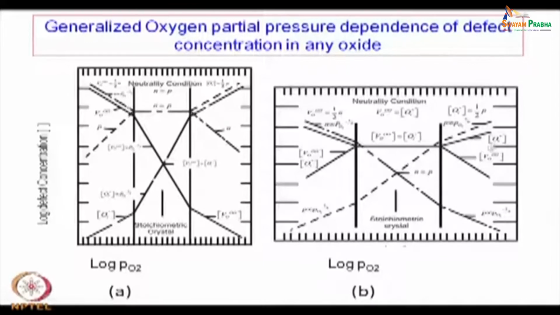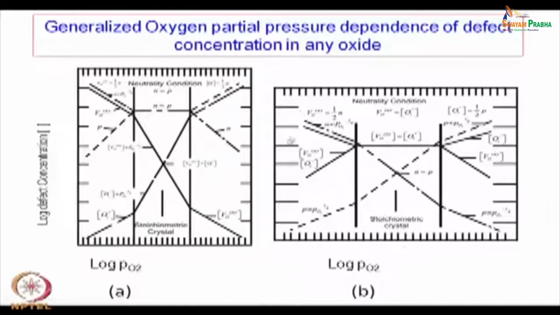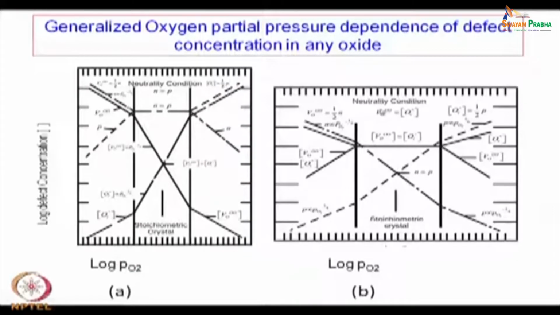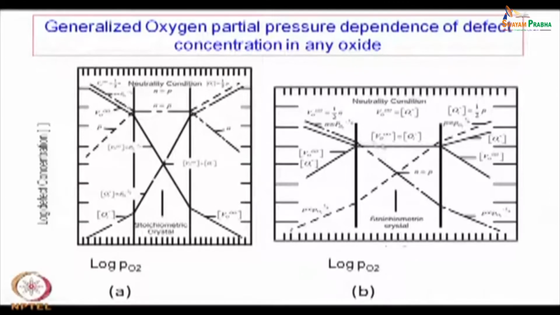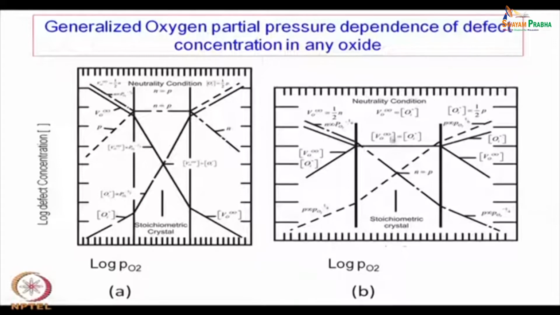Those may be attained, may not be attained, but it all depends on which particular region the material has been equilibrated, and with respect to this diagram, where exactly the atmospheric pressure lies. Okay. The atmospheric pressure for some oxides may be here, for some other oxide it may be there.